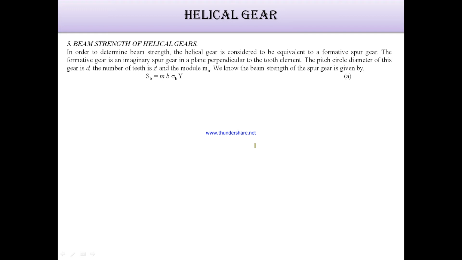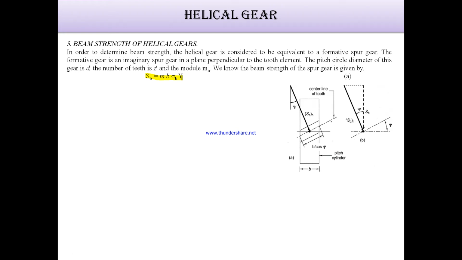As you have already seen my lecture on beam strength of spur gear, the same principle and procedure is applied here also. As we know, Sb is equal to m b sigma b y is the formula for spur gear. So this is how it has been defined.